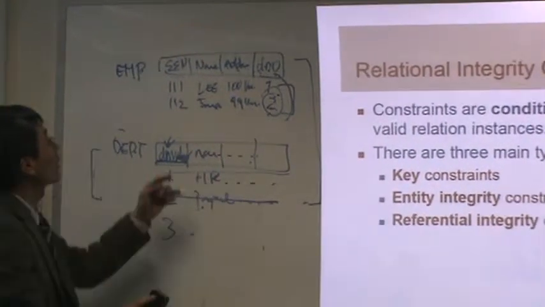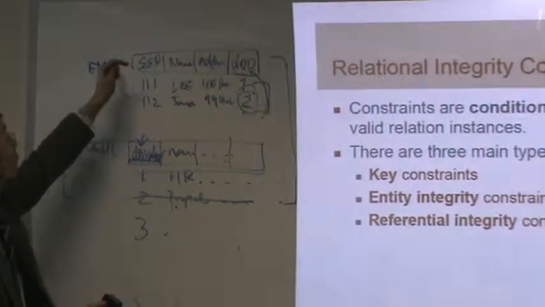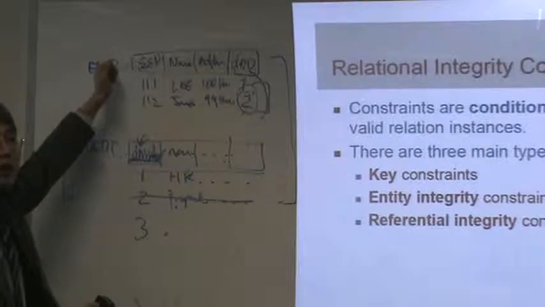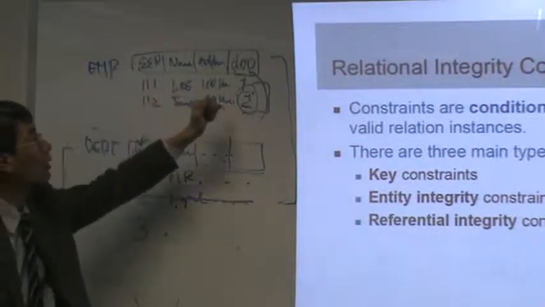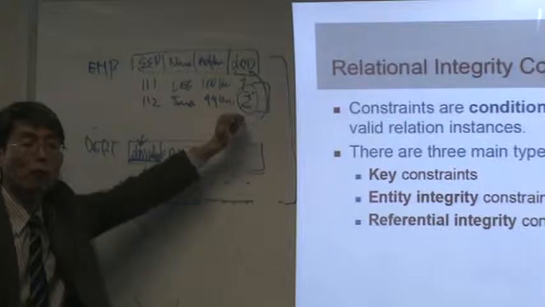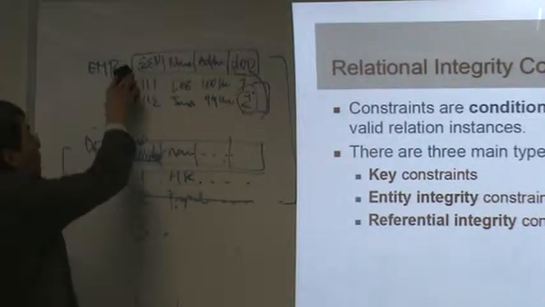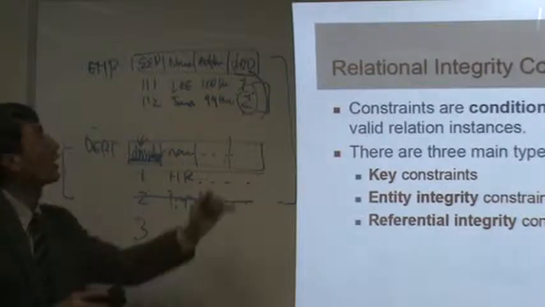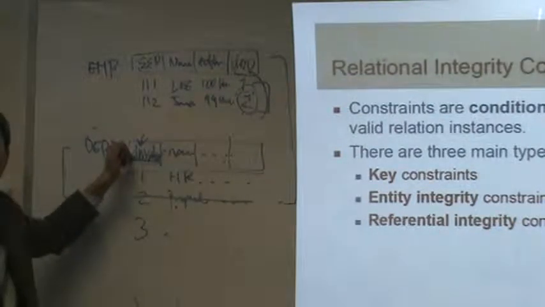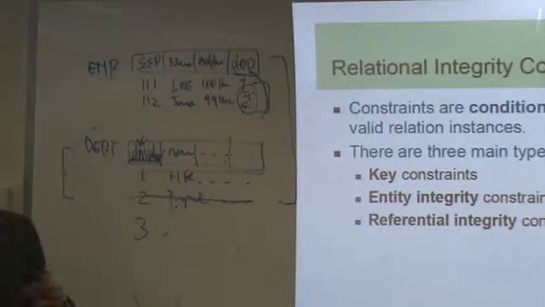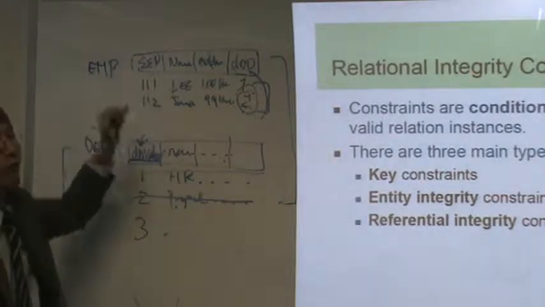If you create the employee table first and then want to create the foreign key, you cannot. You need to create the employee and department tables first, then create the foreign key. So you need to think about the order of creation.